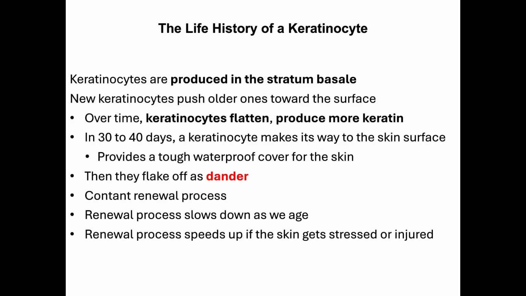And when they move, what happens? They become flatter. And they are packed with keratin, the protein called keratin. So finally, they will flake off. And this life cycle is 30 to 40 days. So it's a constant renewal process.